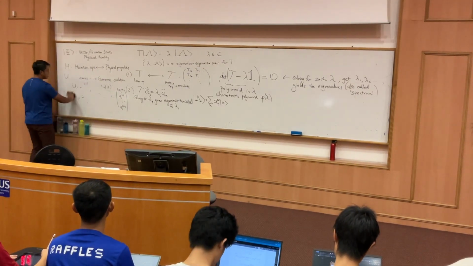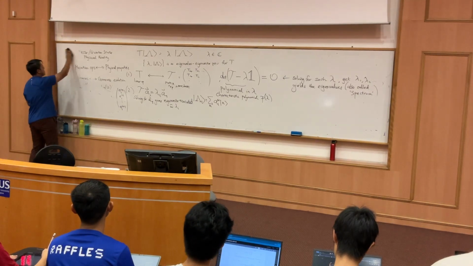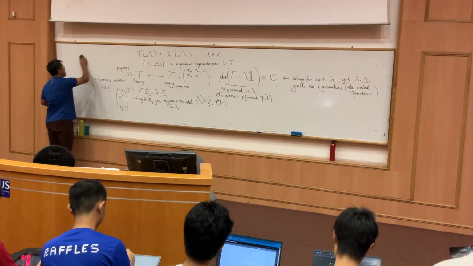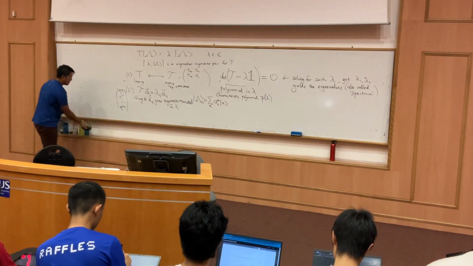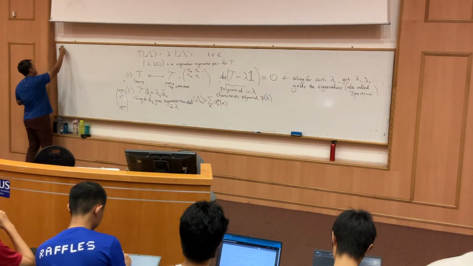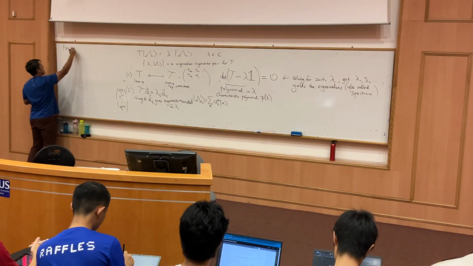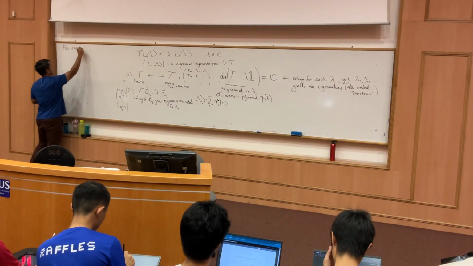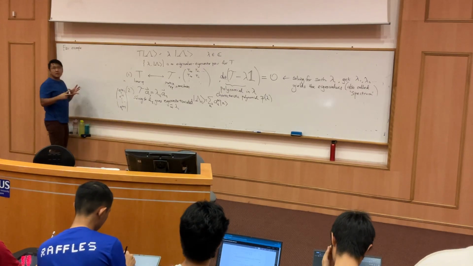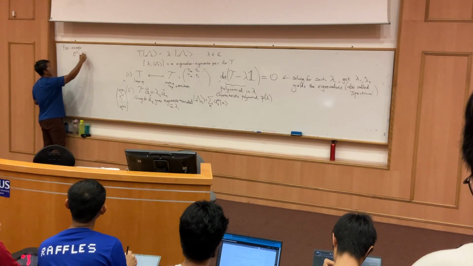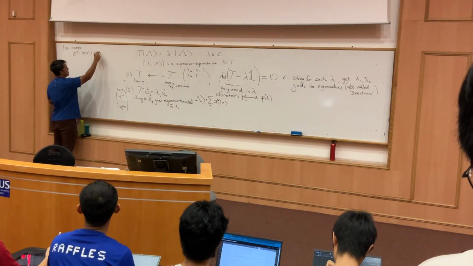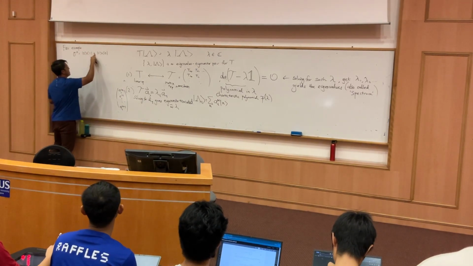Let me leave the instructions on the board so that you can always refer to it. Let's go back to our favorite example. Let's take a two-dimensional vector space and the operator sigma x be |0><1| plus |1><0|.